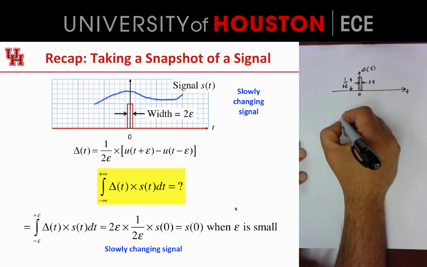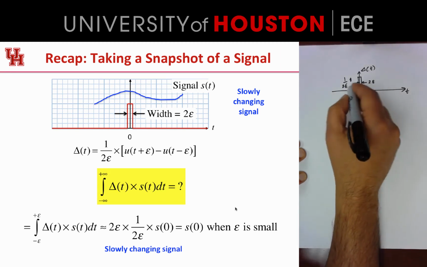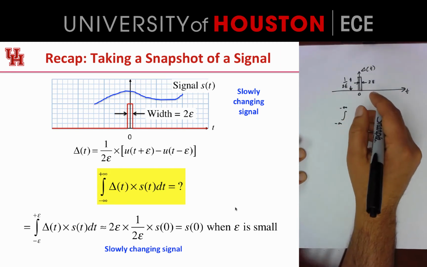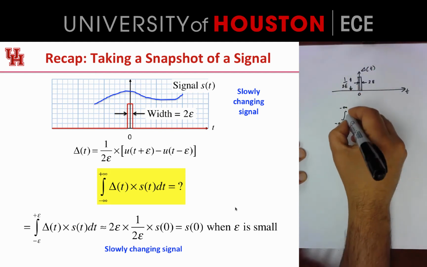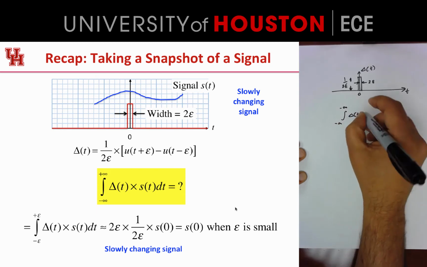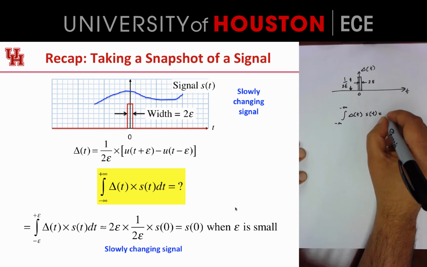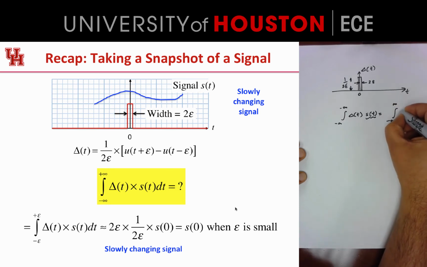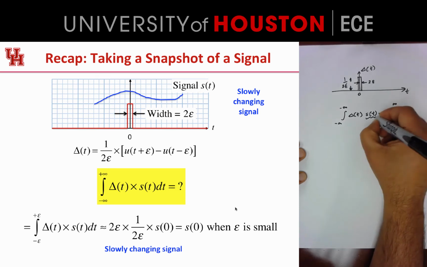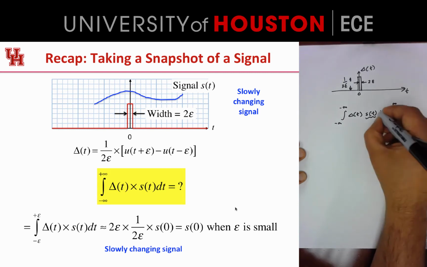Then if I were to take the integral over any time period that includes this neighborhood, we can go all the way to minus infinity, but we don't need to go that far, practically speaking, but what the heck. So delta of t times s of t is going to be about the same as the integral from minus infinity of delta of t dt, and this is going to basically take a snapshot.